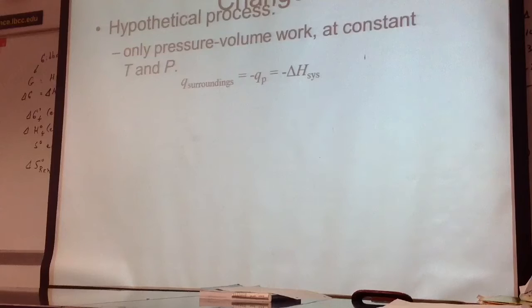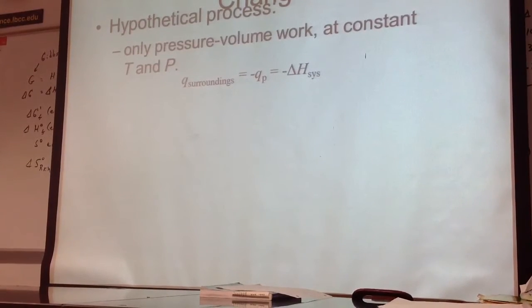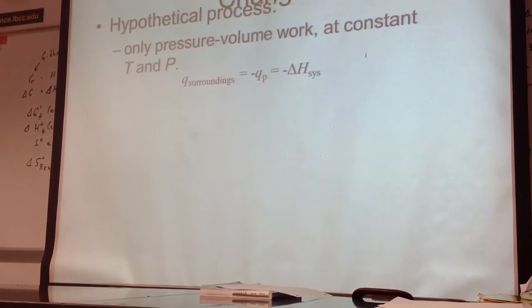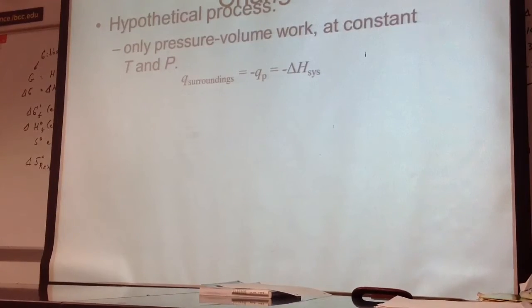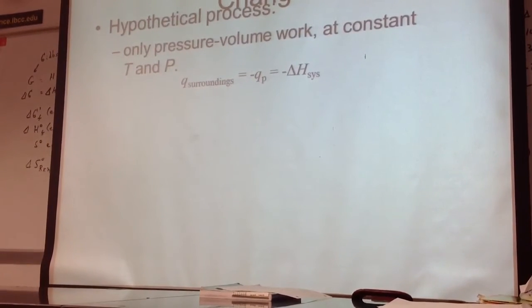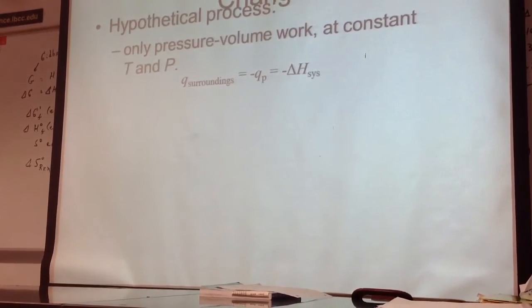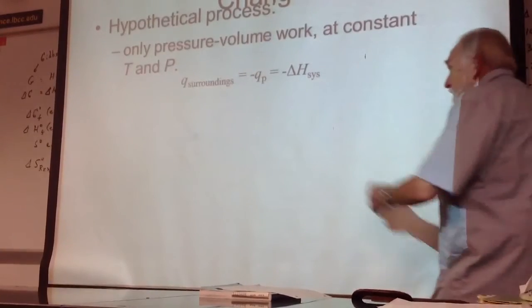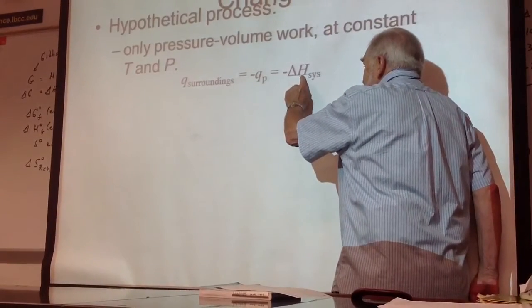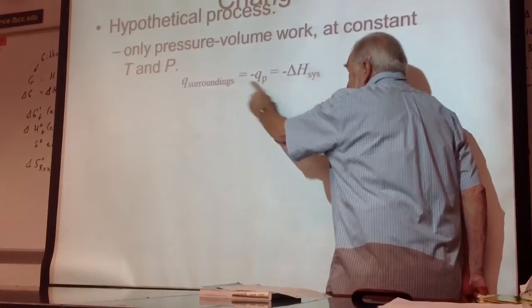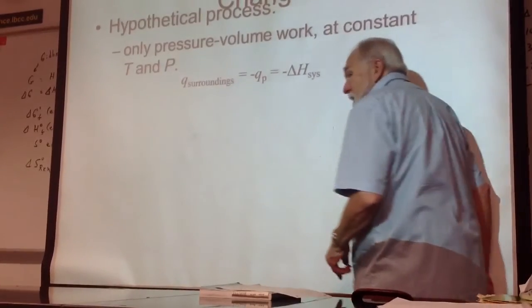So if we're only doing pressure volume work, in other words, chemical reacting systems expanding and contracting, the Q of the surroundings is minus the delta H for the system. The minus sign says, as the system is losing heat, the surroundings must be gaining heat.